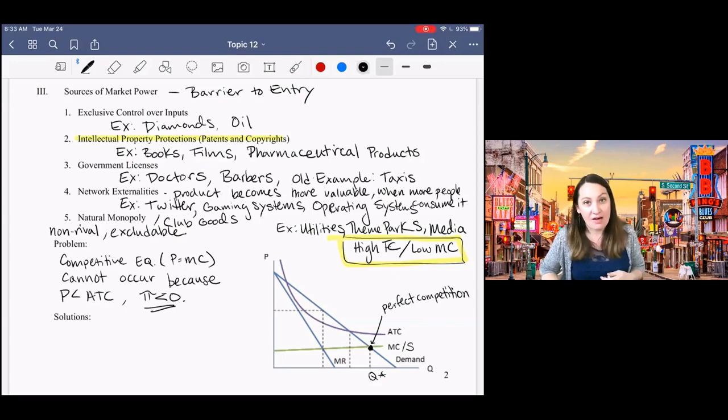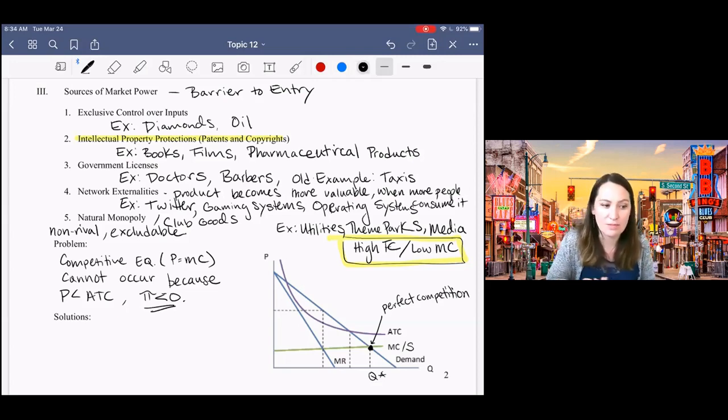So that's why we have patent and copyright protections, because we want these industries to exist. We want to develop new pharmaceutical products. And so we need to allow the firms to charge a price higher than marginal cost to recoup their upfront investment, their fixed cost, so that they will develop and provide these products.